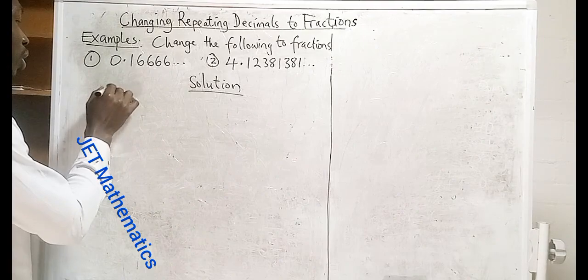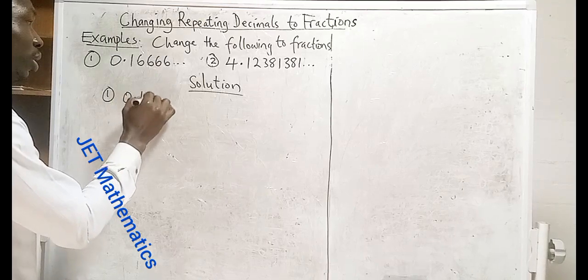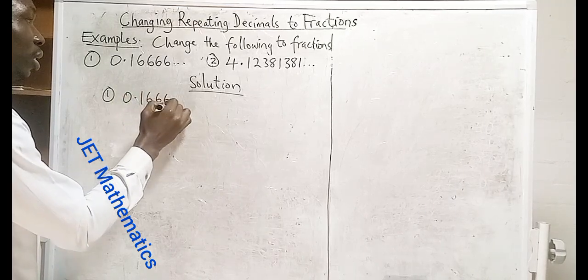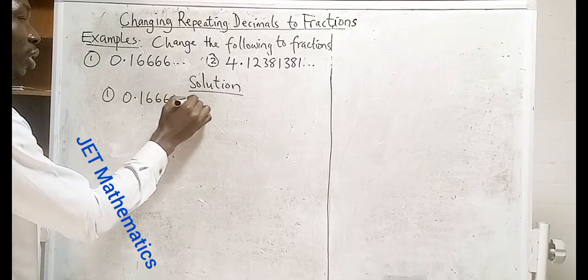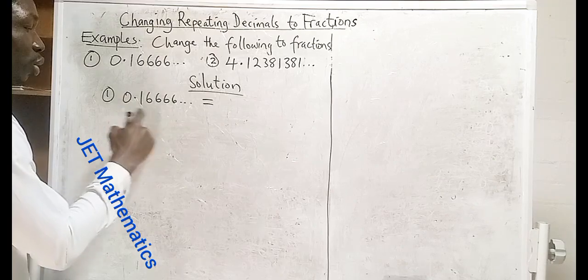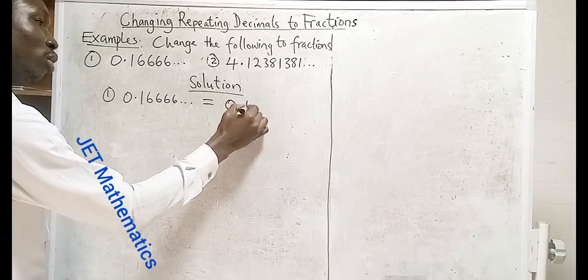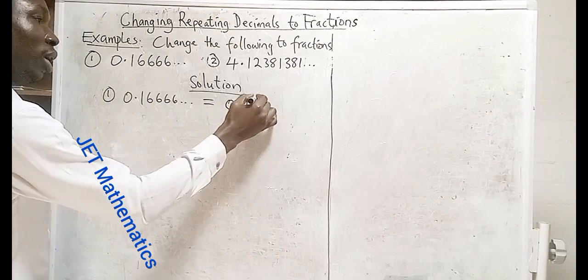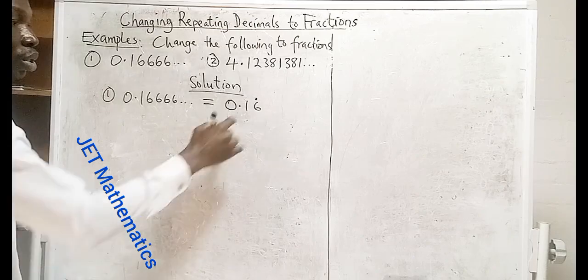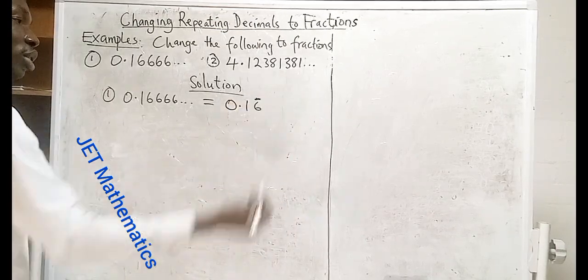So the first question says we should change 0.1666 to a fraction. Like I showed you in our previous video, you can rewrite this as 0.16 and put a dot here showing that this 6 is repeated, or you can use a dash.